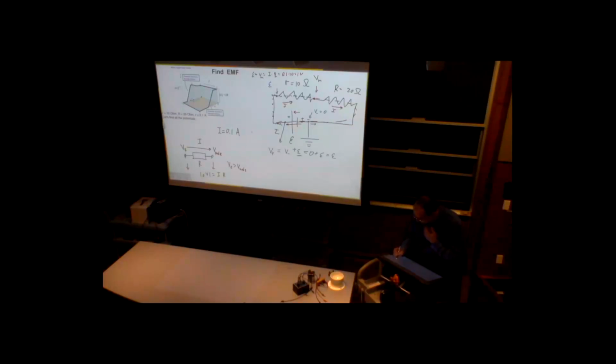This potential doesn't change along a wire. So here we still have exactly the same potential. Now, inside this resistor, what happens to the potential? Nothing or something? Something. Exactly.